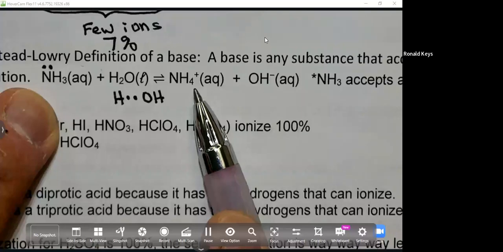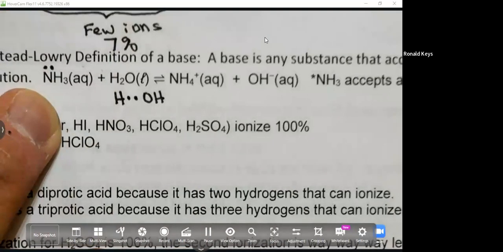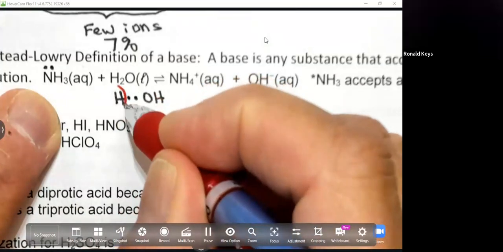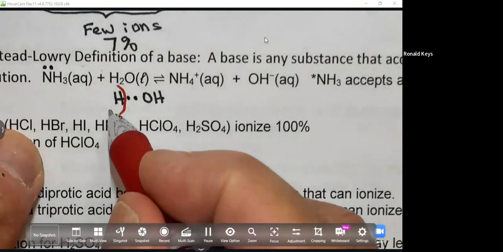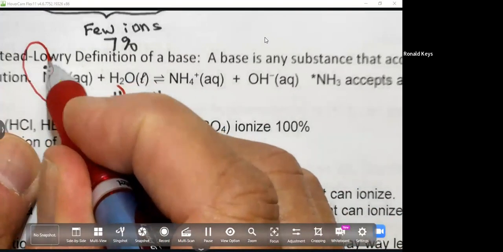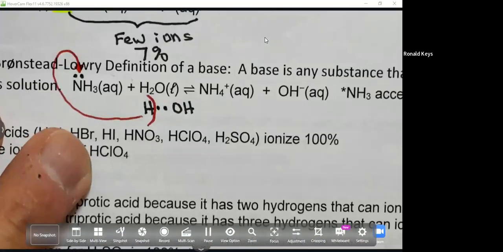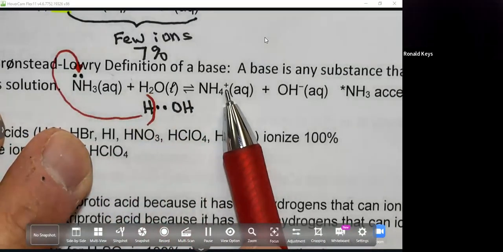What's happening then? Hydrogen comes off from the water, leaves its electron behind. If it comes off, it is only a proton. What does that proton do? It seeks out that pair of electrons right there. So instead of NH3, we get NH4 with a plus charge. We get this negative right here because of hydrogen's electron, right? Here's where we get this negative charge.